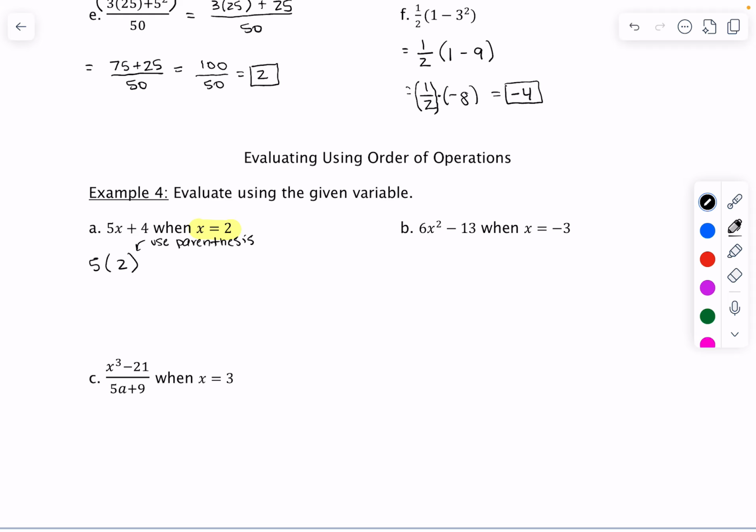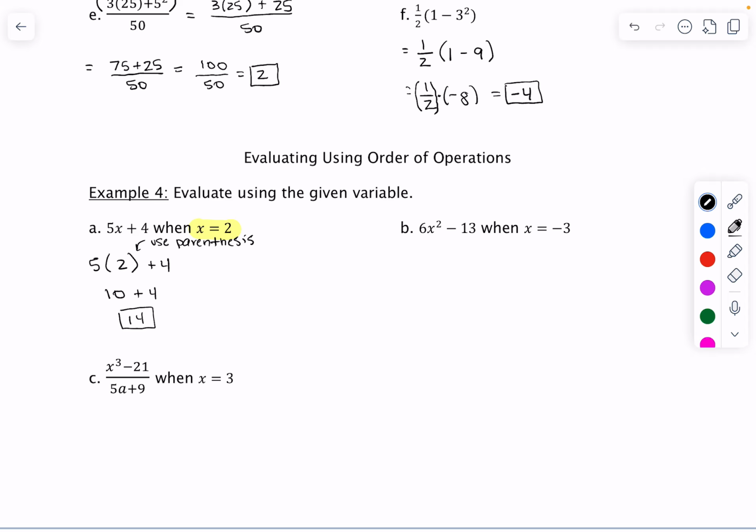So that means the 2 goes inside of here, bring down the plus 4. Okay. Then we're going to do 5 times 2, which gives us 10. Bring down the plus 4, and 10 plus 4 is 14. So when x equals 2, 5x plus 4 gives you 14.